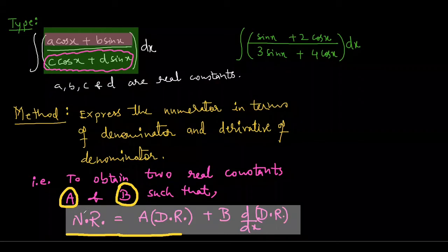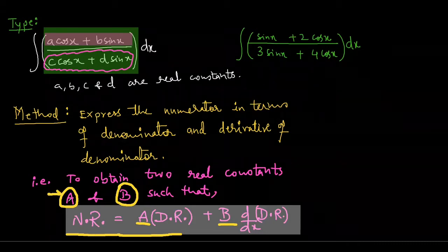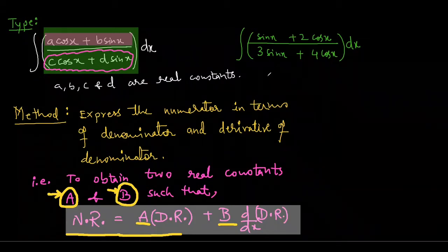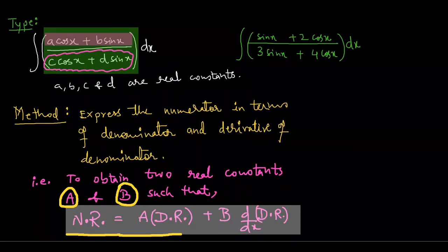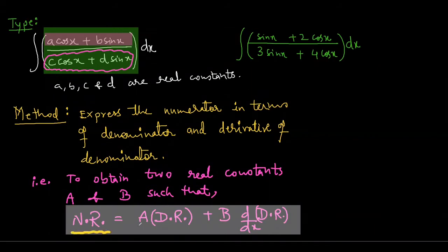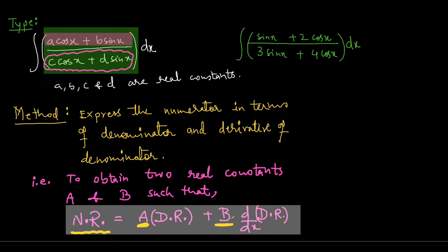Such that numerator could be written as A into denominator plus B into derivative of denominator. This is the method. I repeat again. I will obtain these two constants A and B such that the numerator could be expressed as A into denominator plus B into derivative of denominator. So A and B are the actual thing that we have to work for.